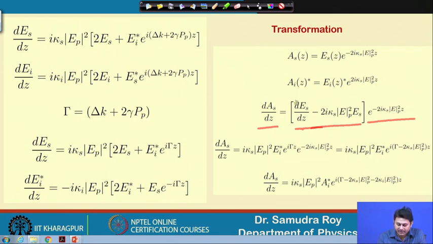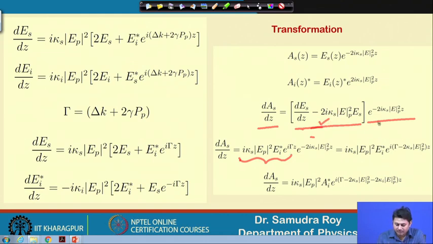Now, this quantity, dES/dz minus 2i kappa s |Ep|^2 ES, if I look carefully from here, I can replace as i kappa s Ep^2 EI star e to the power i gamma z. So, this is the term I replaced here.